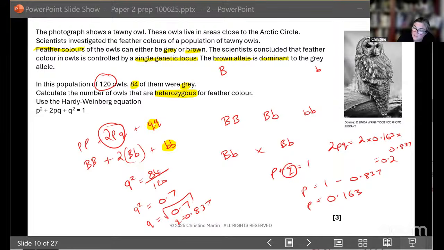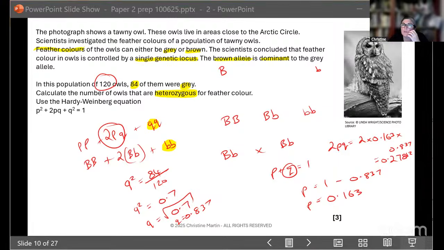Always make sure you go back and double check your answers as well. It's really important that you do that. So you know what it's saying.